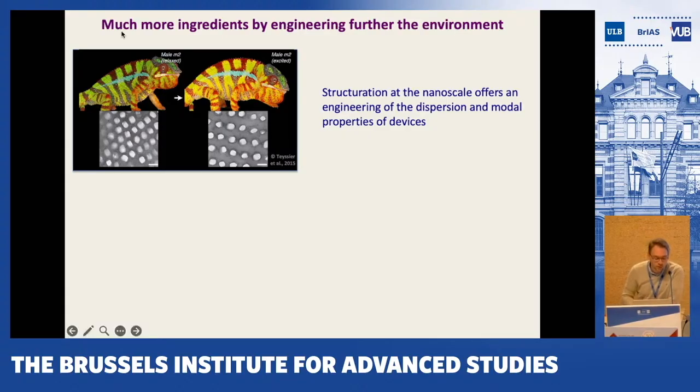The first one is a relaxed chameleon, and this one is an excited chameleon. You see the color is changing, and it's correlated to the spacing between these rods. So really, the nanoscale offers you another degree of freedom, which is the control of the dispersion and the mode properties of the devices. And this is another degree of freedom we can play with.